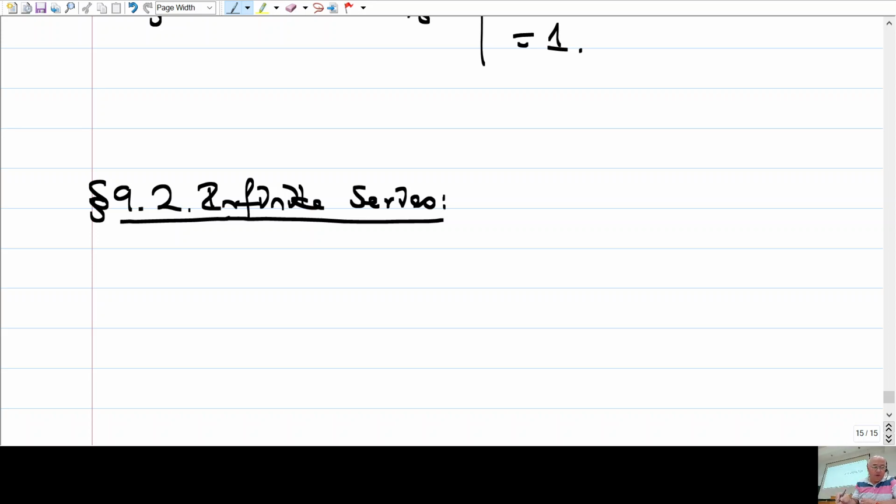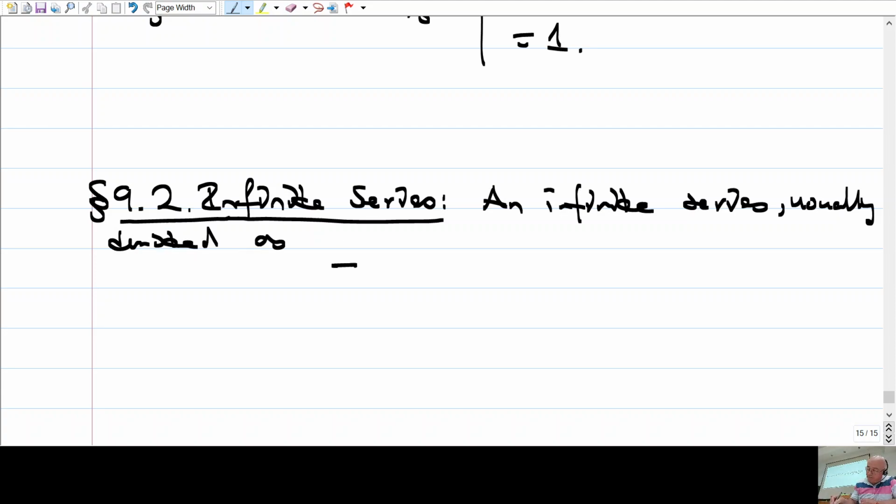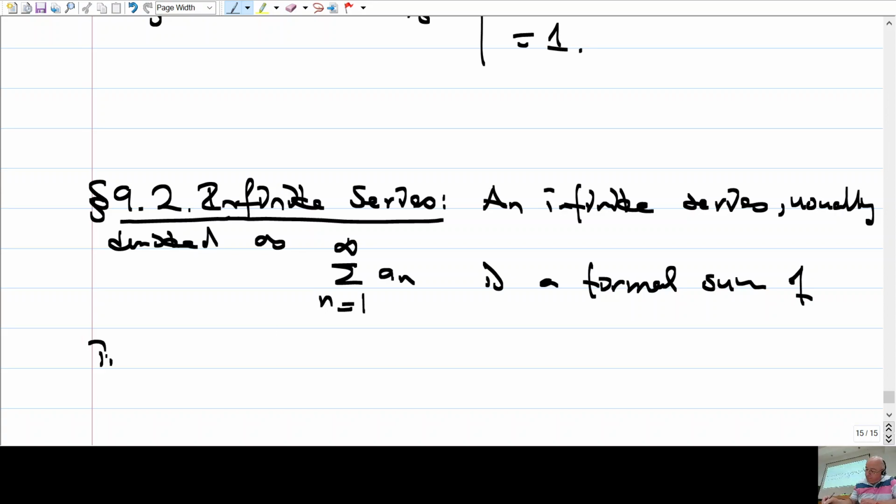So let me just write down an infinite series, usually denoted like this. It is a formal sum of infinitely many terms.